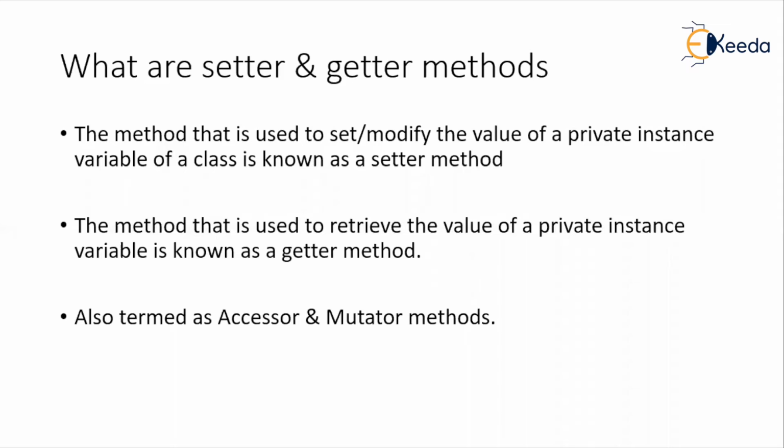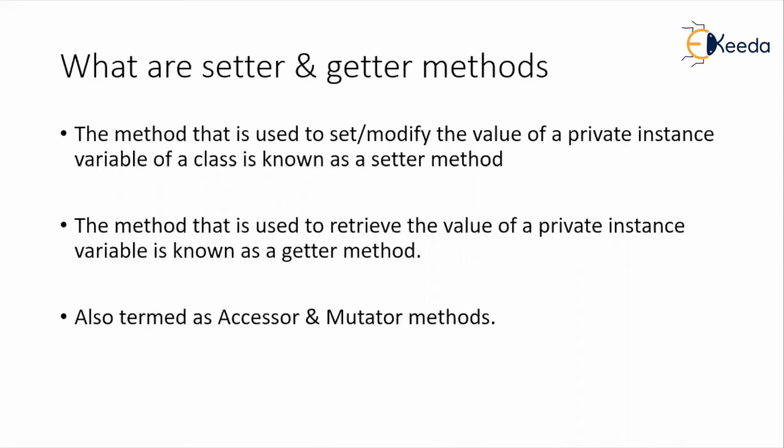And the method that is used to retrieve the value of a private instance variable is known as a getter method. In short, a setter method is to set, initialize or modify the value of a variable, and a getter is to retrieve the value of the variable.